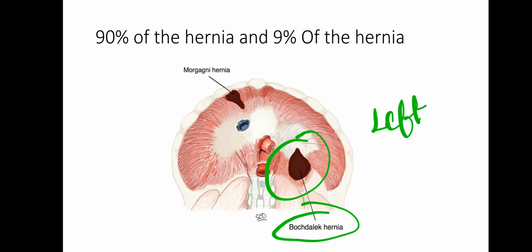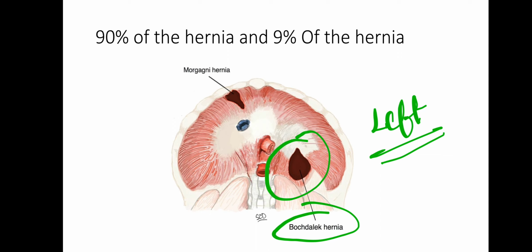The posterolateral part, which is formed by the pleuroperitoneal membrane, fails to close the opening, most often on the left side, giving rise to Bochdalek's hernia.